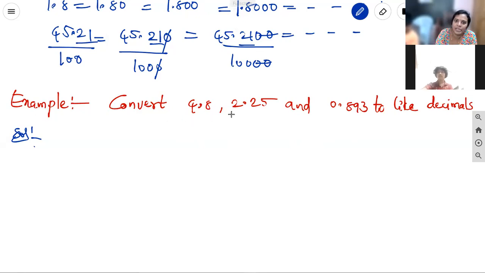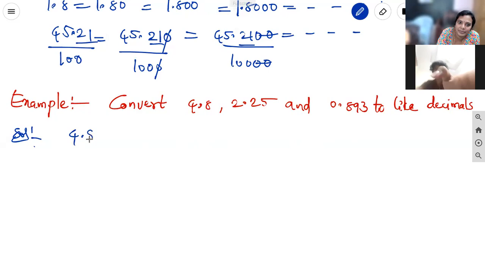Convert 4.8, 2.25 and 0.893 to like decimals. First of all, write the given decimal numbers: 4.8 is the first, 2.25 is the second, and the third one is 0.893.